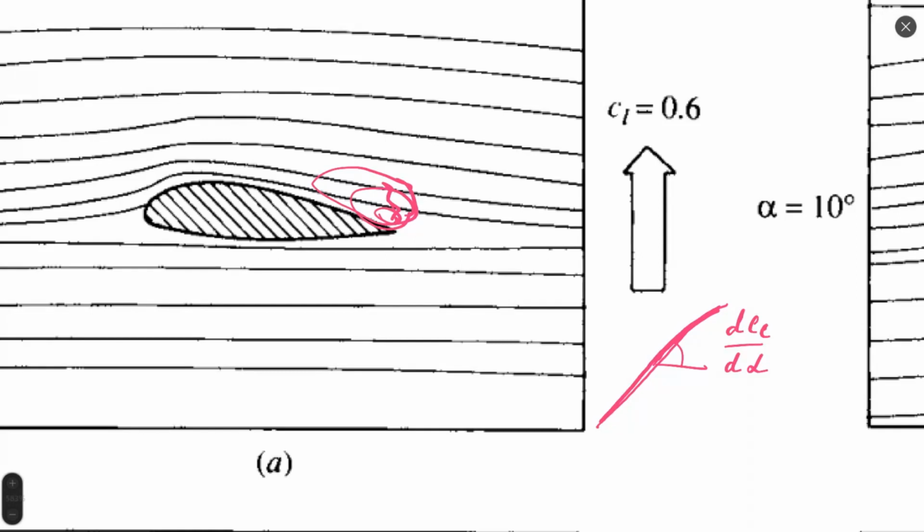At the moment where we cannot rise pressure difference anymore, for example, at the moment when this vortex becomes too big, our pressure will not grow anymore. The pressure difference will not grow anymore. We will not have increase of lift coefficient anymore.